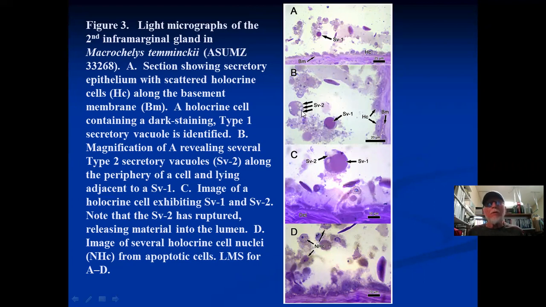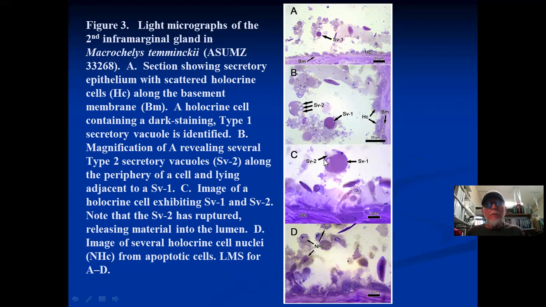So there are no more than just one per cell, whereas in this secretory vesicle type 1, you usually have a single large vesicle or vacuole, excuse me. Here are the holocrine cells that produce these secretions, and here again they don't show the large amount of cytoplasmic material like the cells in the common snapper, for example.